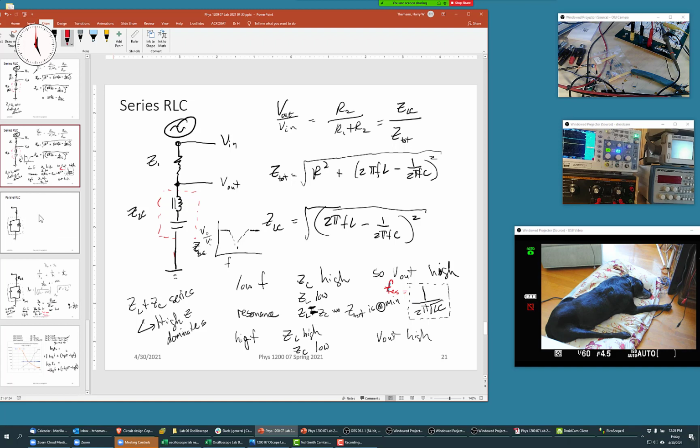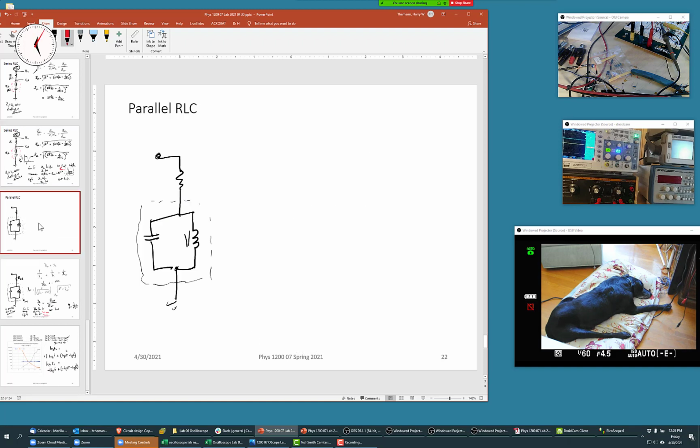So we're almost done. So let's see about a parallel RLC. So we know that V out over V in is going to equal R STD, R DUT.